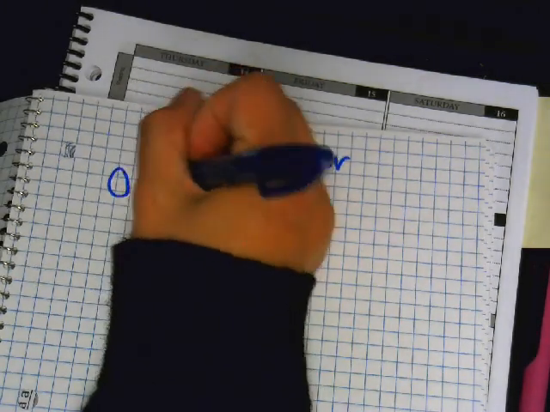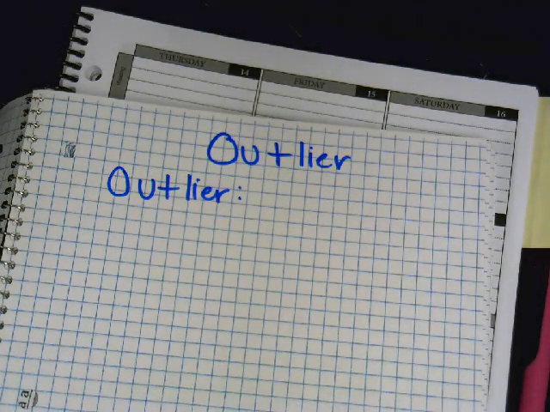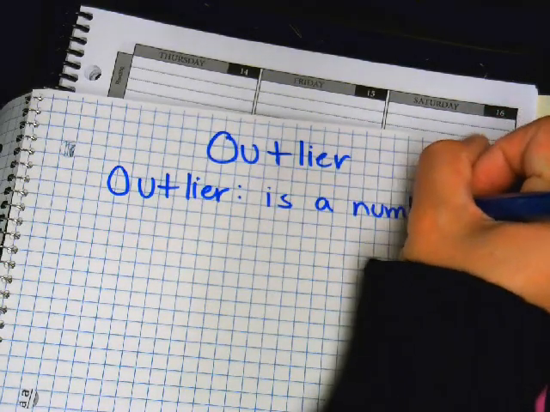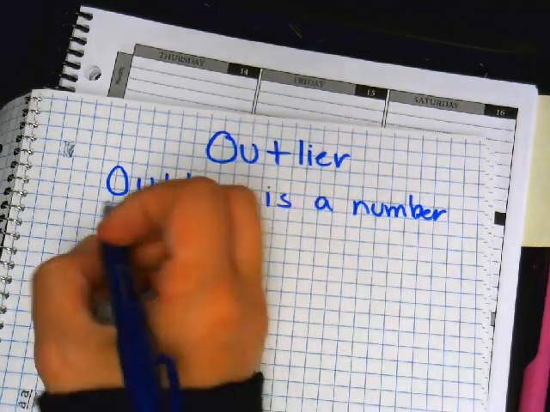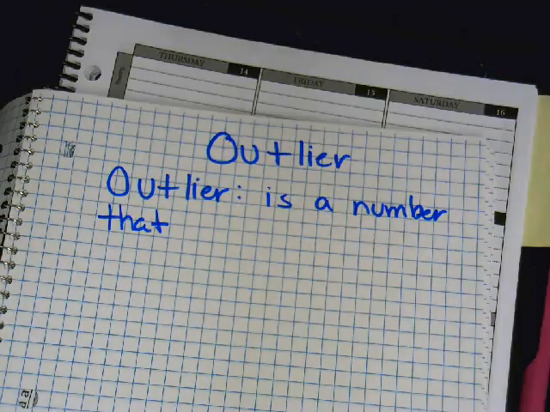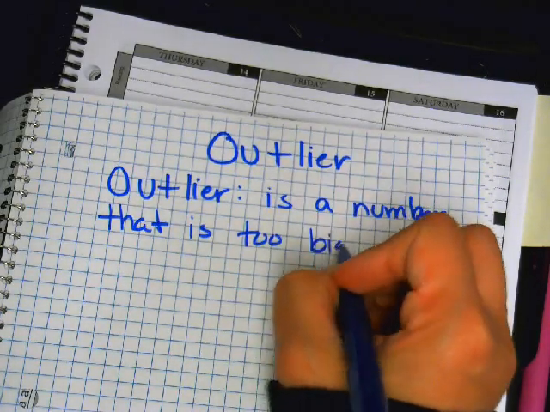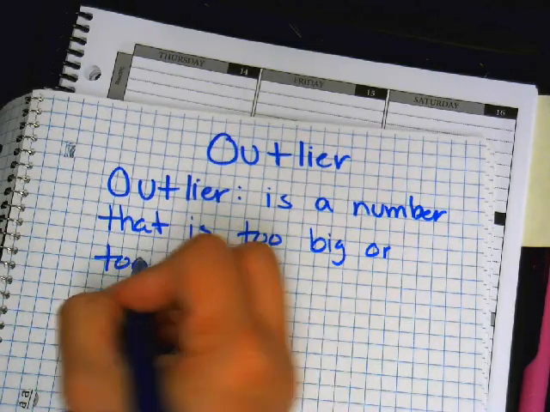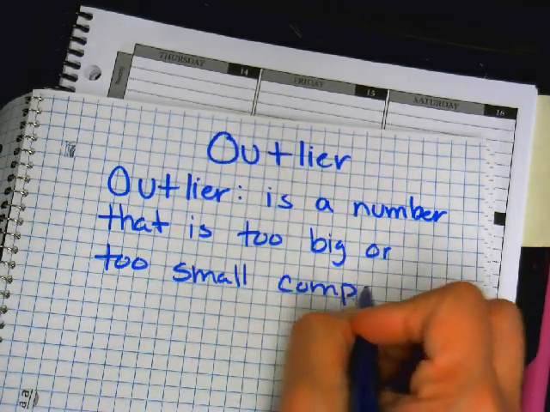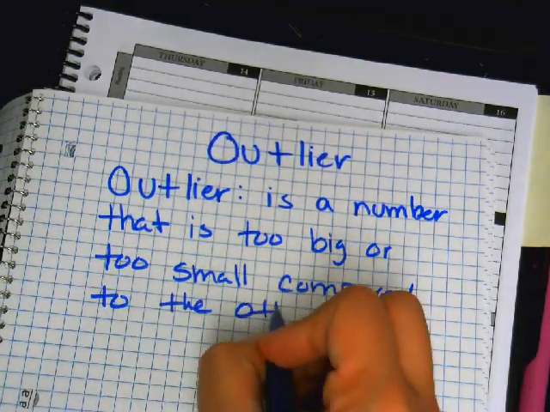Outlier. Anybody know what an outlier is? Nope. Outlier is a number that is too big or too small compared to the other numbers.